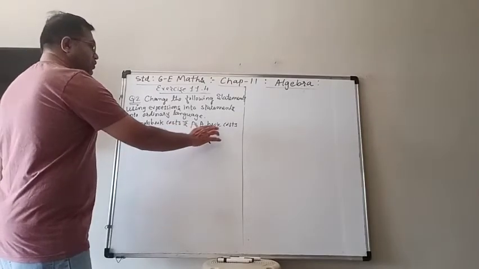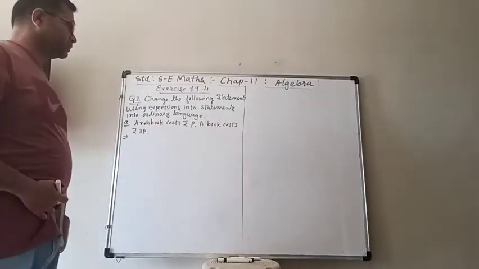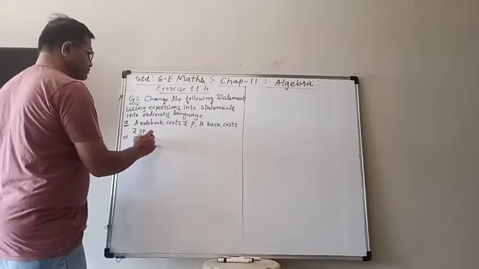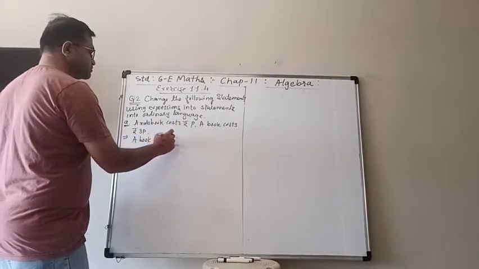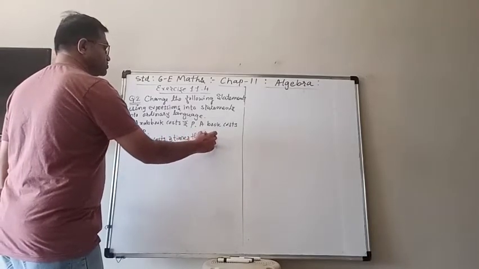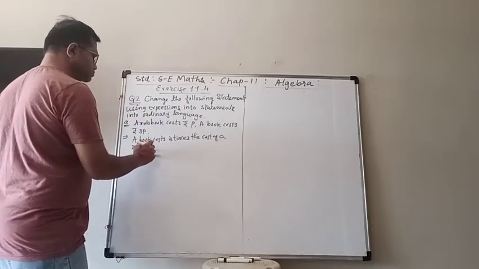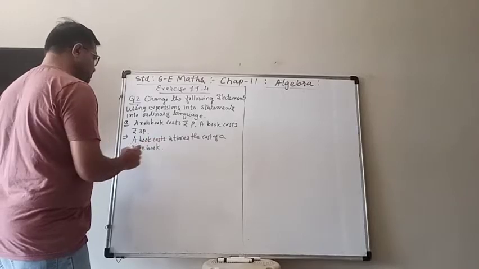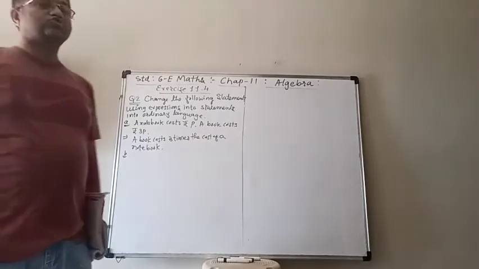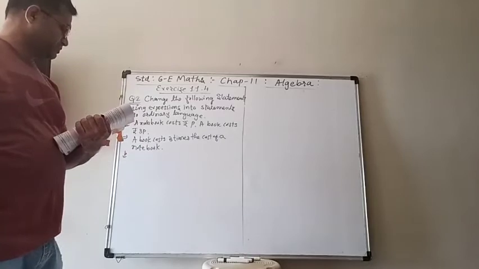It means the book costs 3 times the cost of a notebook. So in ordinary language we write: a book costs 3 times the cost of a notebook. Here we are not using a variable. We are writing the given situation in normal, ordinary language.